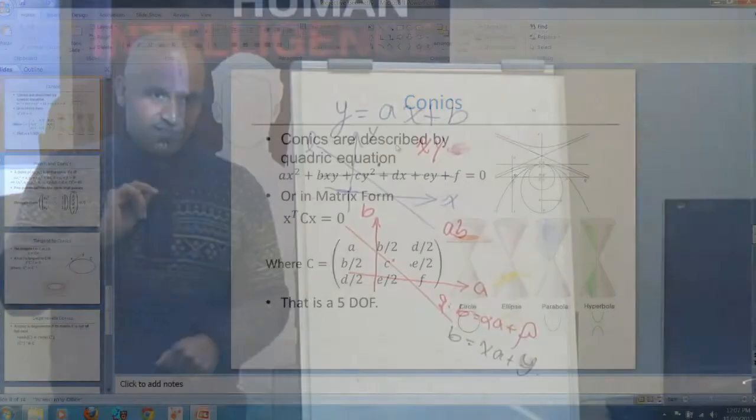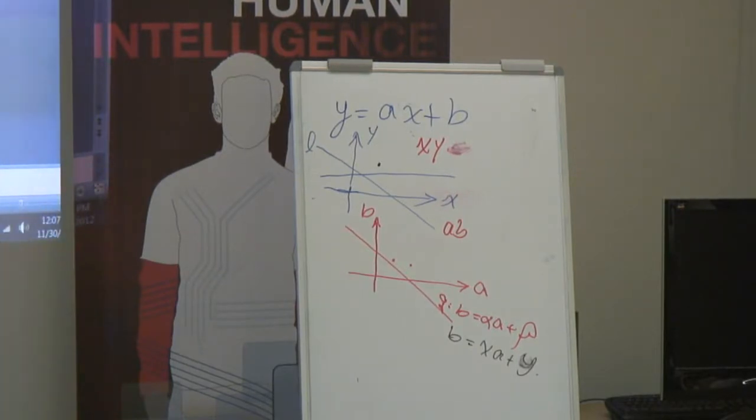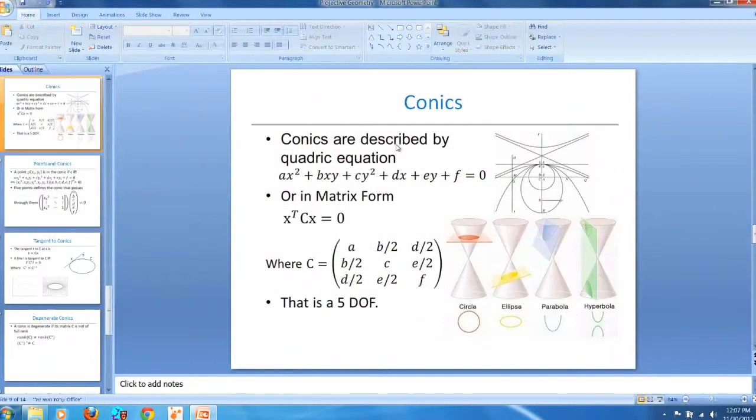Is that clear? Okay, now all the conics, the nice thing about these conics is that they can be represented as a quadratic equation, which means we could represent it as ax squared plus bxy plus cy squared plus dx plus ey plus f.